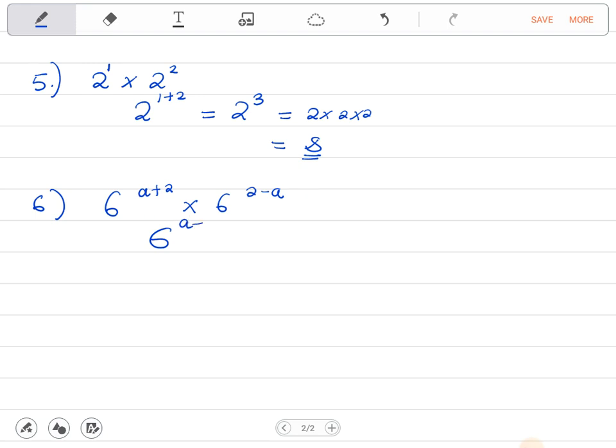So it will be a plus 2 plus 2 minus a. 6 to the power a plus 2, positive times positive, so plus 2. Positive times negative, so minus a. Can you see that the a and the a will cancel because they have opposite signs? So it means what? 6 to the power 4. If you want, you can evaluate 6 to the power 4. There is no problem.